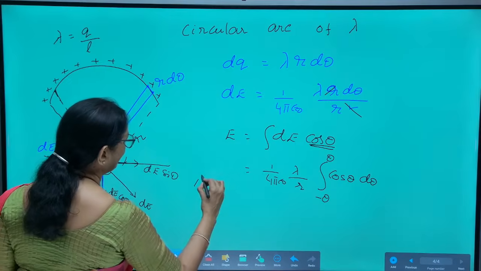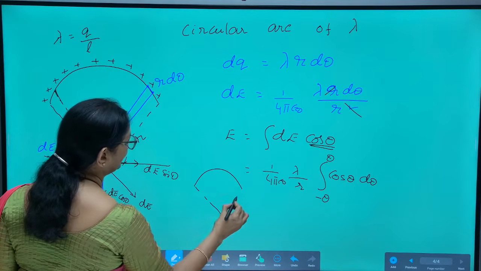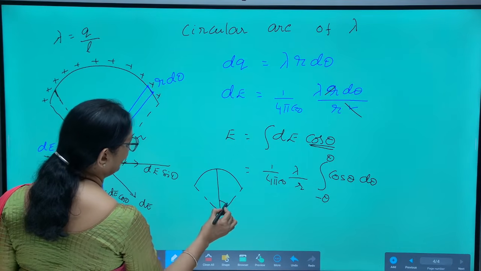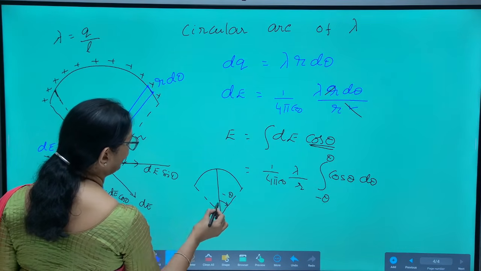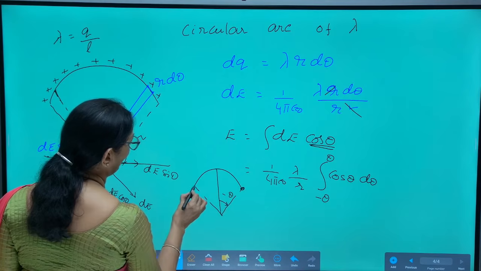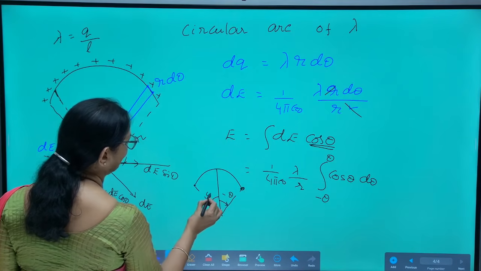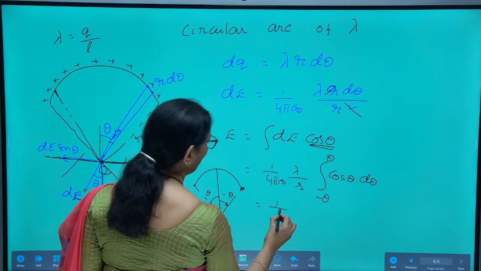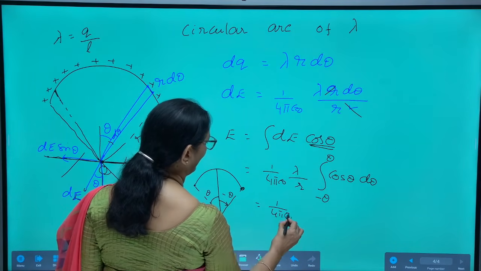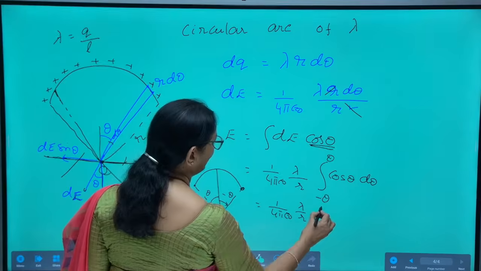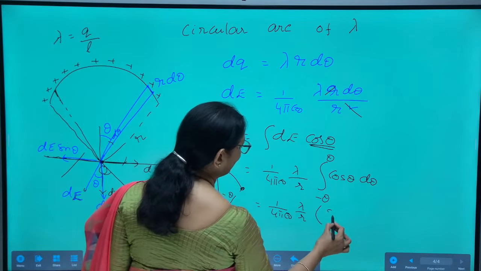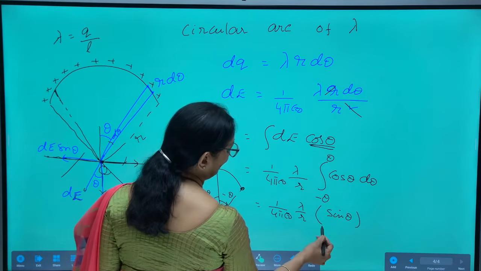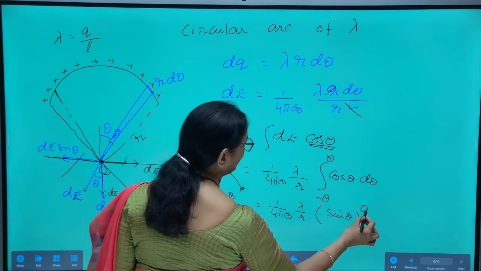See how you are getting that: this angle, say minus theta, we are starting from this point and this is making an angle theta. So, minus theta to theta. So, 1 by 4 pi epsilon naught lambda by r, the integral of cos theta is sin theta, with limits minus theta to theta.